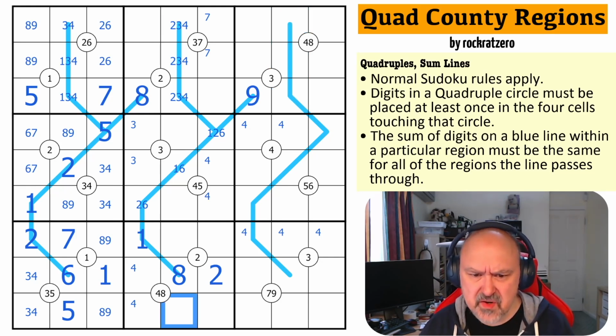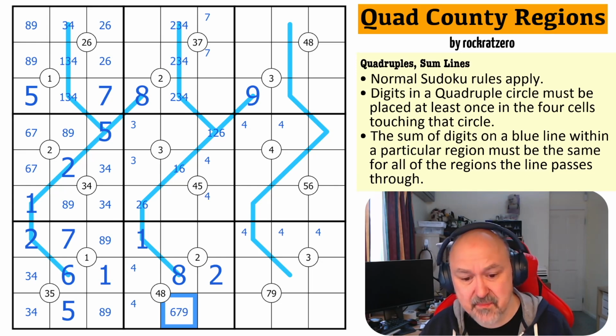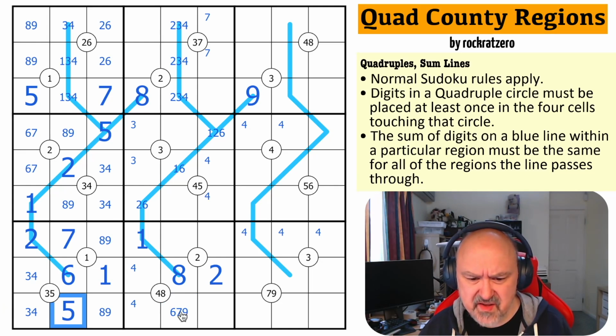This cell, it can't be 1, 2, 3, 4, it can be 5, 6, 7, or 9. There can't be 5. This is 6, 7, or 9. Can't be 5 because of that. It can't be 1, 2, 3, 4, 5, or 8. This can't be 1, 2, 3, 4.